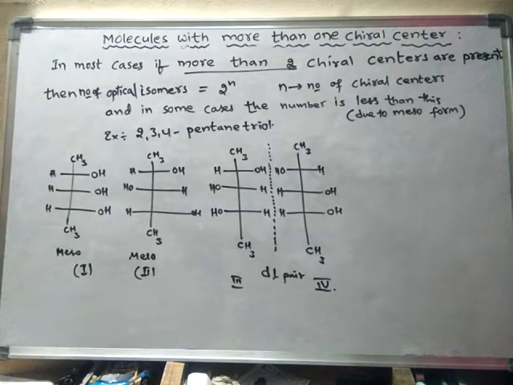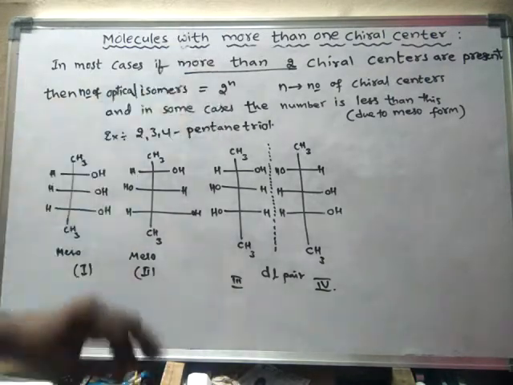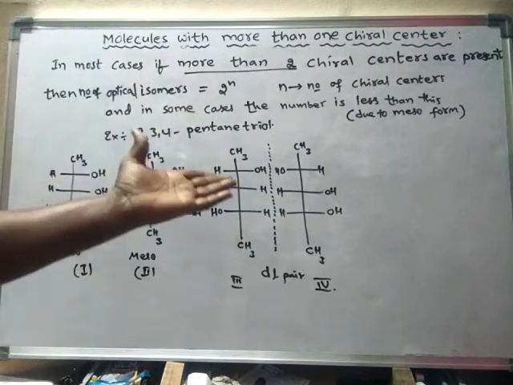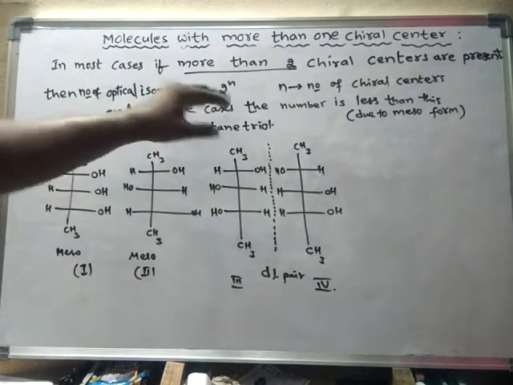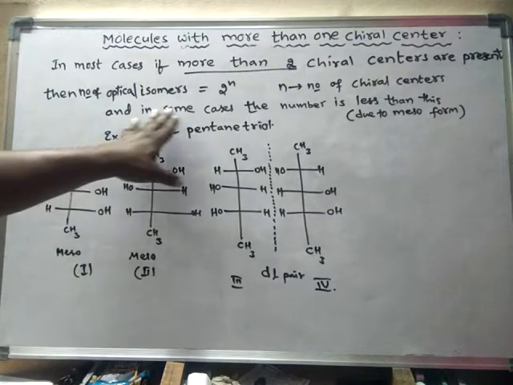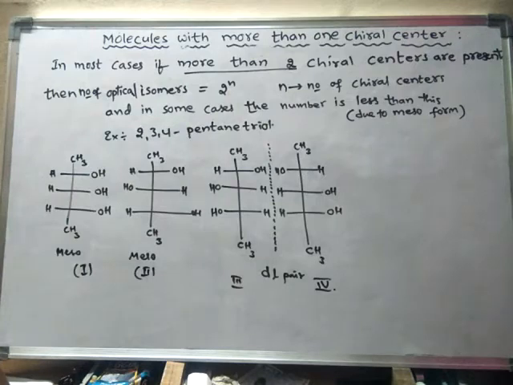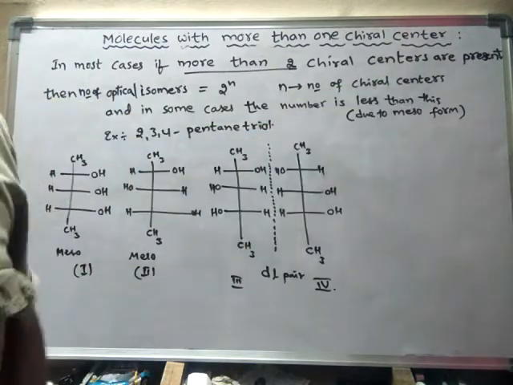In most of the cases this formula is correct. That means the maximum number of optical isomers will be 2 to the power of n. But in some cases, the number is less than 2 to the power of n. Why? Because of the presence of a meso form.